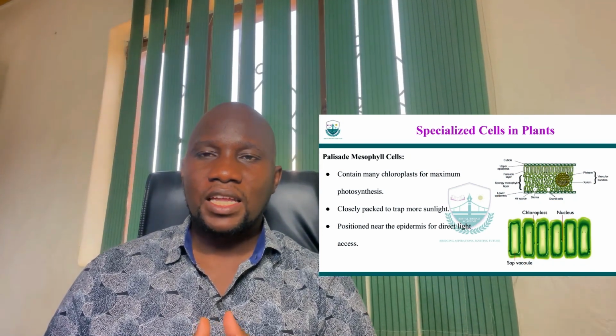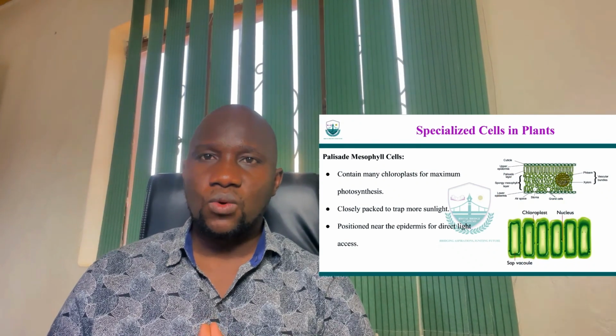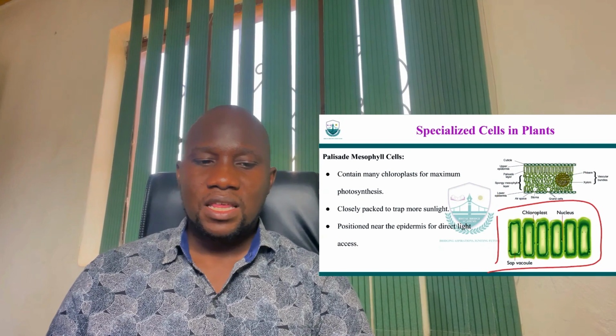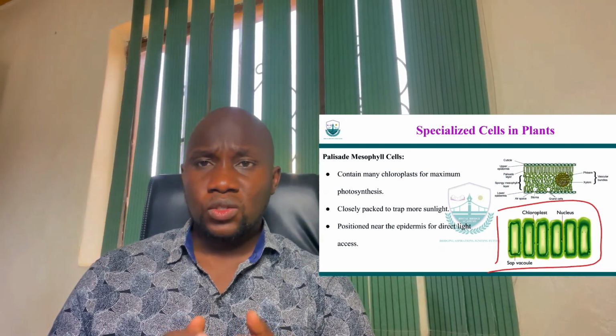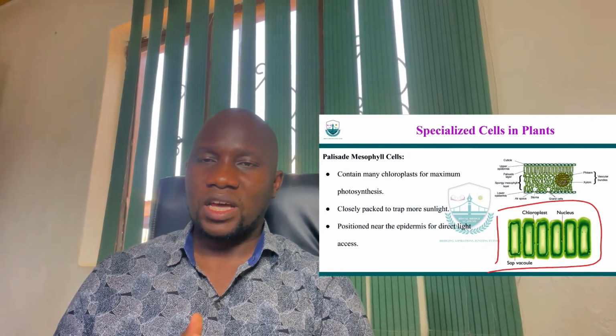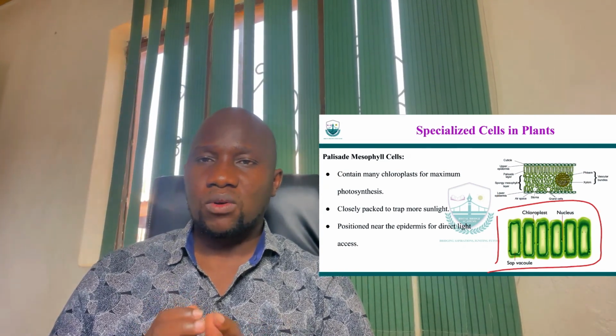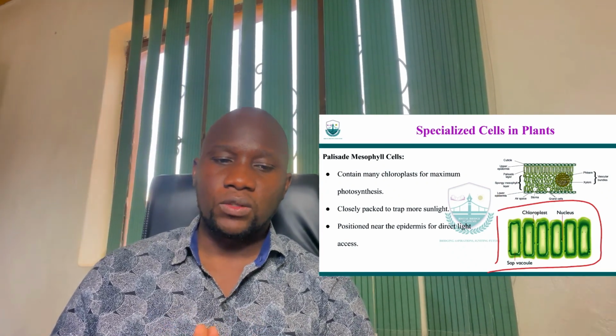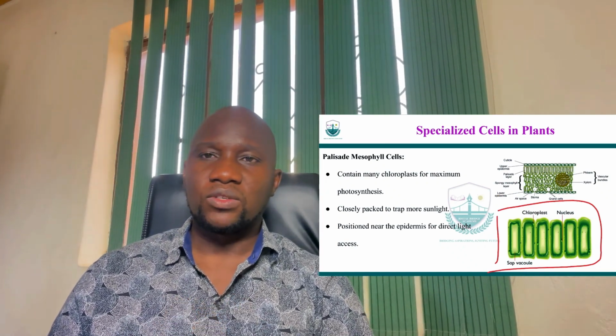The second thing is that they are tightly packed, as you can see in this image. That is also an advantage because more light will be captured, because you have the chloroplasts being more concentrated due to the close packing of the palisade mesophyll cells.